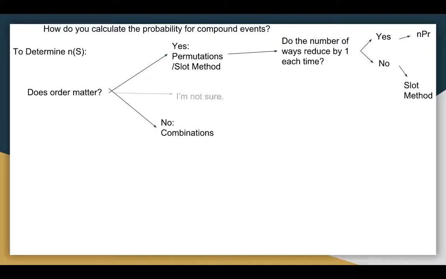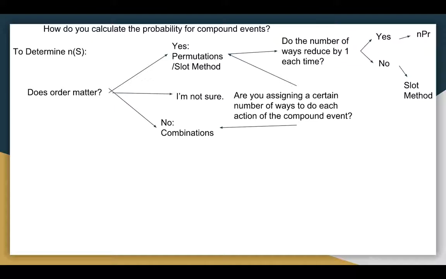If you're not sure, you can also ask the question, are you assigning a certain number of ways to do each action? Do you have slots? That's really the question. Each action of the compound event, or can you just say, oh, 52 choose 5.